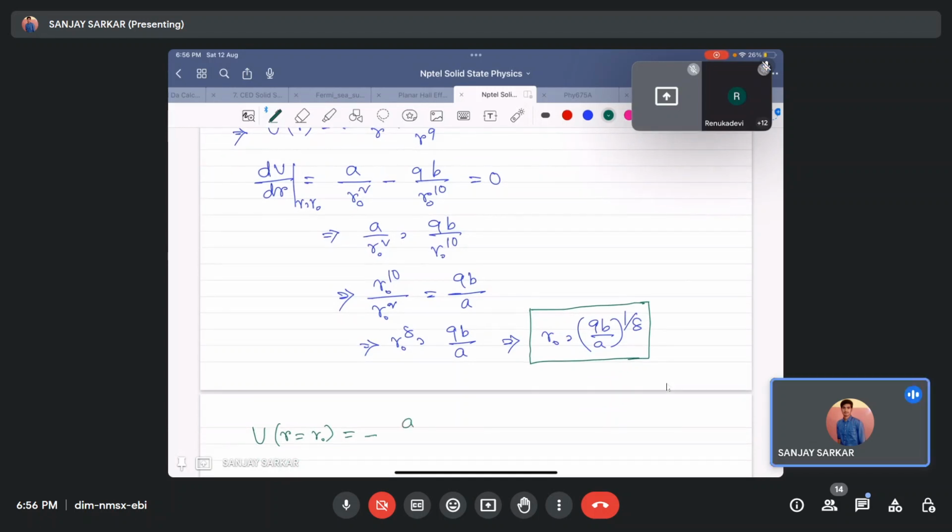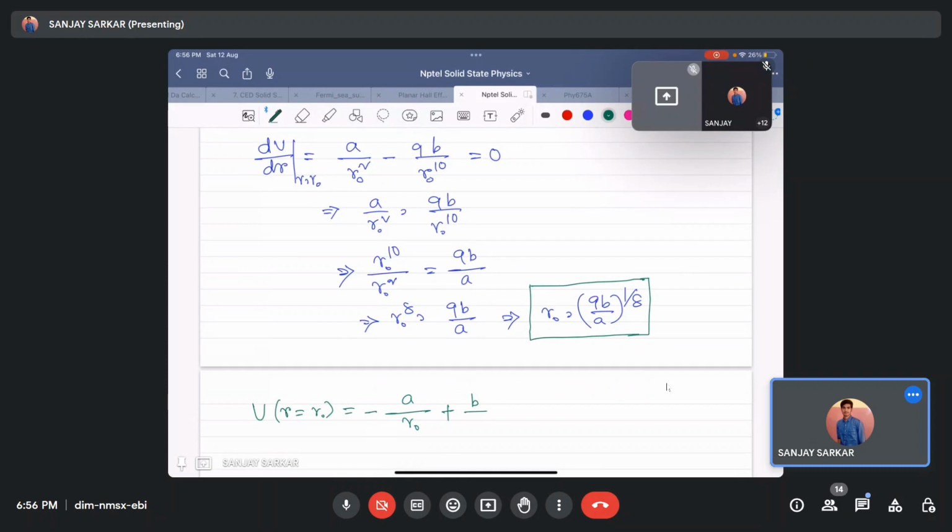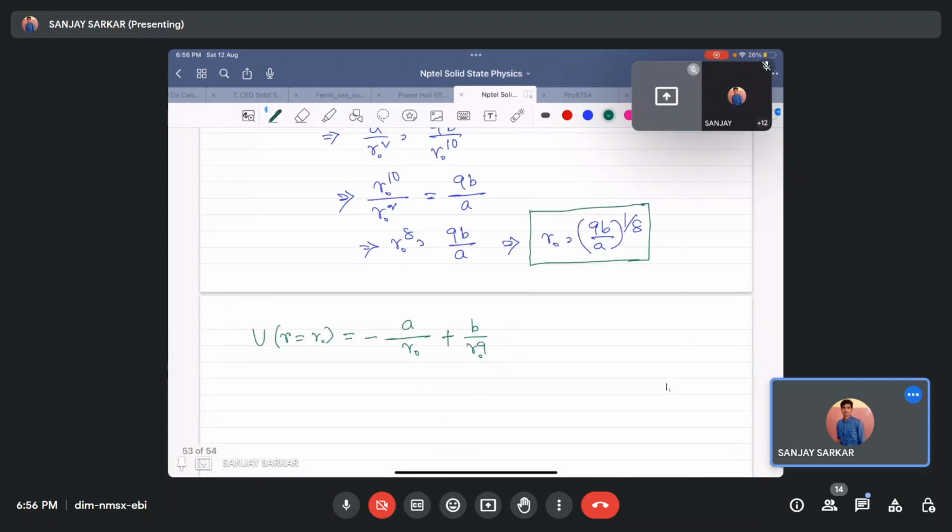So it will be minus a by r, which is a by r naught, plus b by r naught to the power 9. It will be minus a into (a by 9b) to the power 1 by 8, plus b into (a by 9b) to the power 9 by 8.